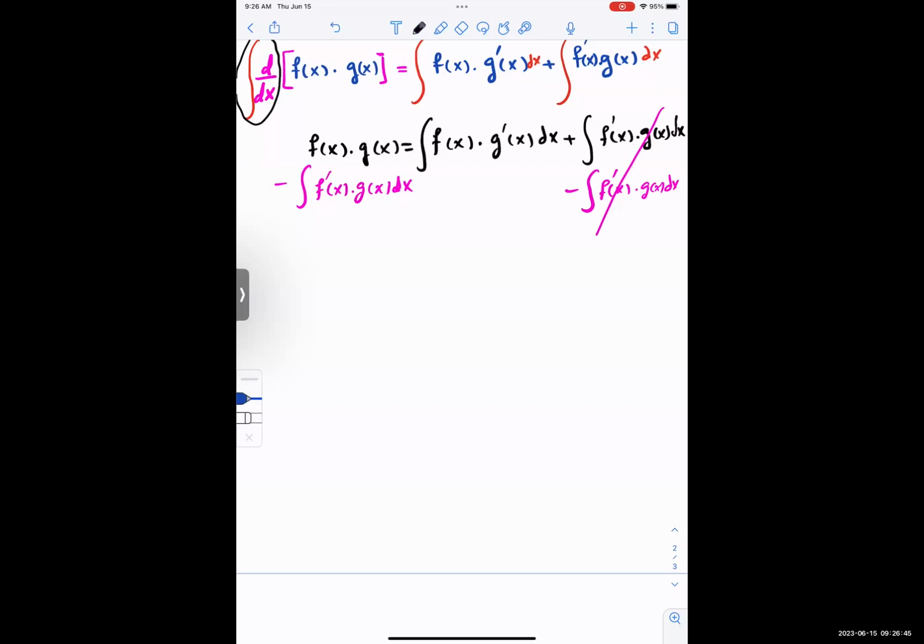Now I'm going to rewrite it. The integral of f of x g prime of x dx is equal to f of x times g of x without the integral. You remember that the integral canceled. Minus the integral of f prime of x g of x dx.